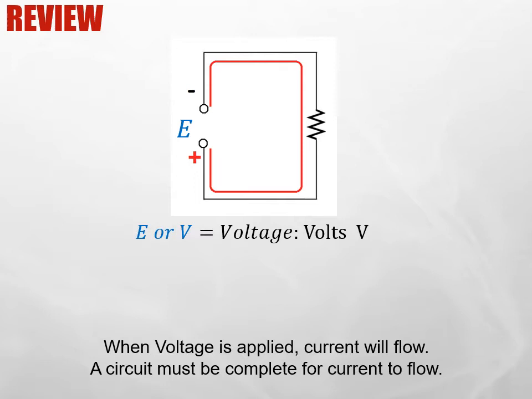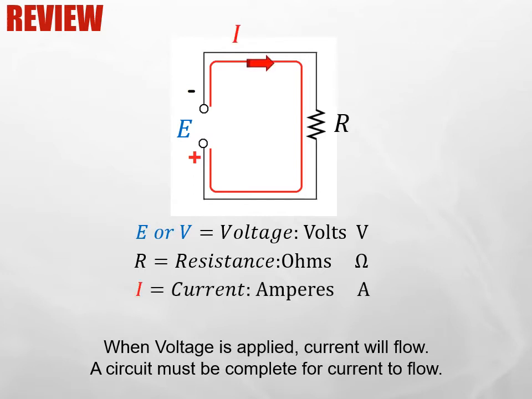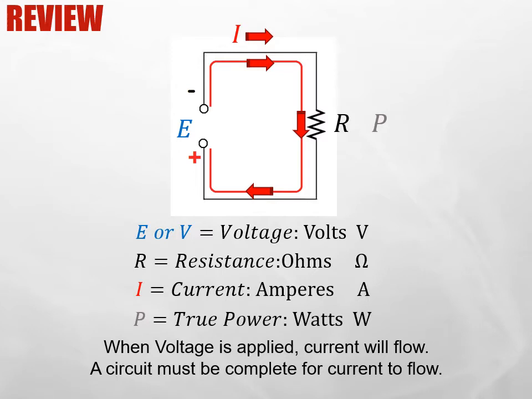We know that once a voltage is applied and a complete circuit is made to some sort of resistance or load, which is measured in ohms, then current will start to flow in the circuit. As the current flows, the flow of the electrons through the resistance is going to start to generate some heat. We call this heat power, in this case true power, and we measure that in watts.